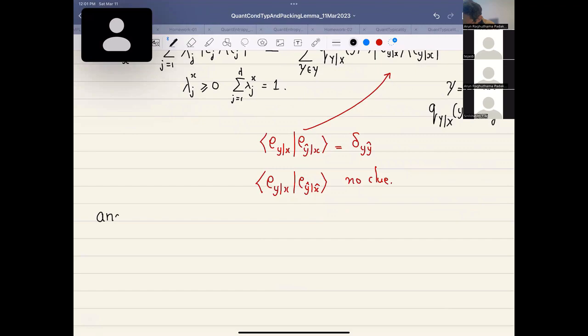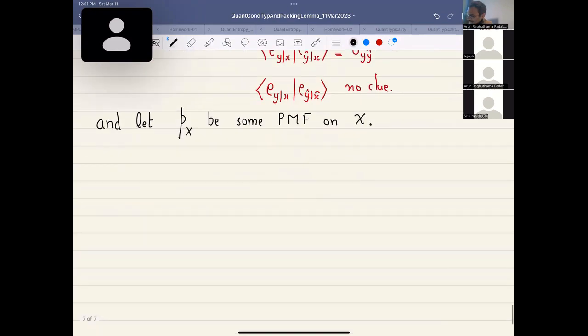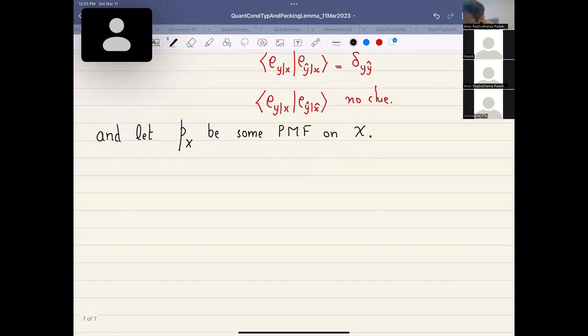And let p x be some distribution on x, some PMF on x. What we are interested in is something like this: rho x1 tensor rho x2 tensor all the way until rho xn. For simple notation, I'm going to call this rho x^n.